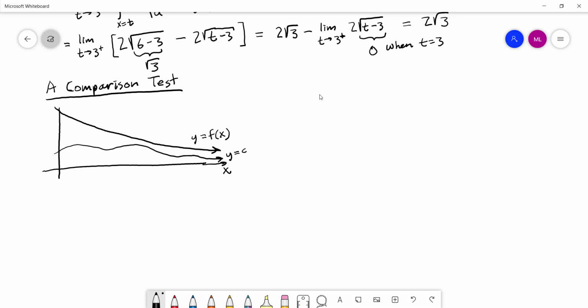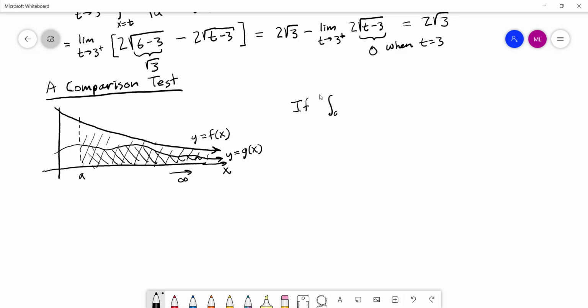Here's y equals g of x, and I'm integrating from some starting point a, and I'm integrating off to my endpoint, which is going to be infinity somewhere over here. So I'm trying to find essentially these areas under the curves. Hopefully this is intuitively obvious.